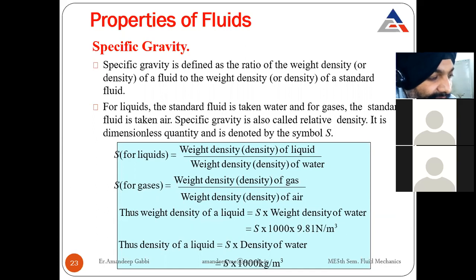Density of water we will take as 1000 and 9.81 is g, so from there S into 1000 into 9.81 will come, and density of liquid is S into 1000 kg per meter cube.